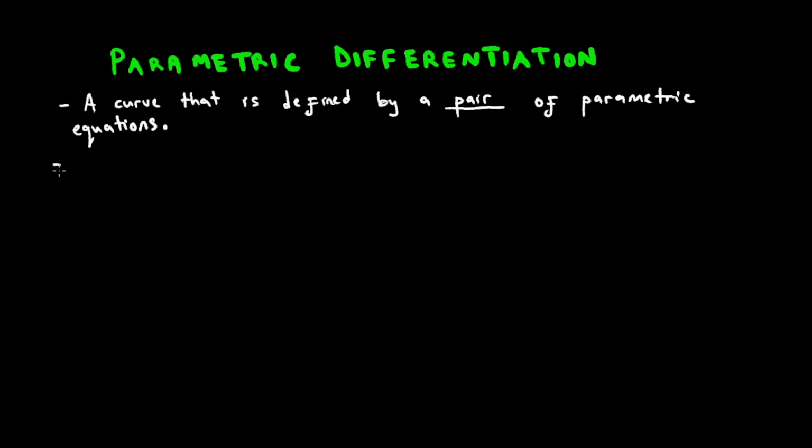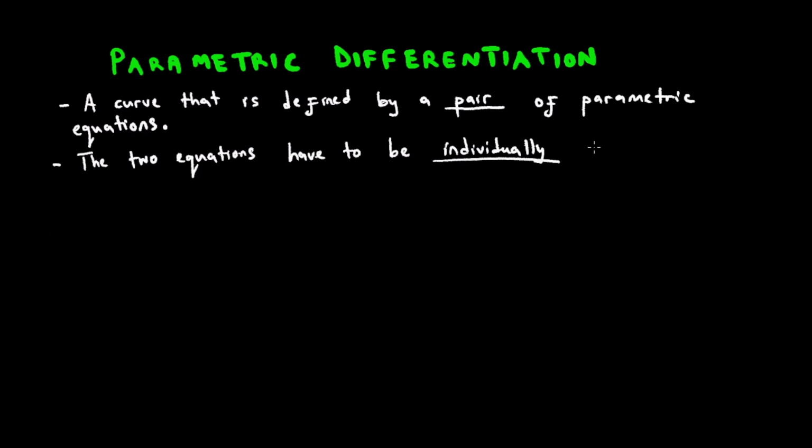What happens in this situation? The two equations have to be individually, very important term again, individually differentiated with respect to the parameter.